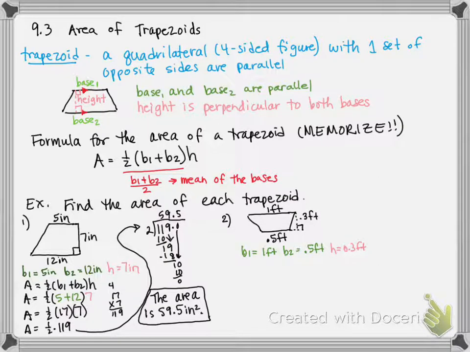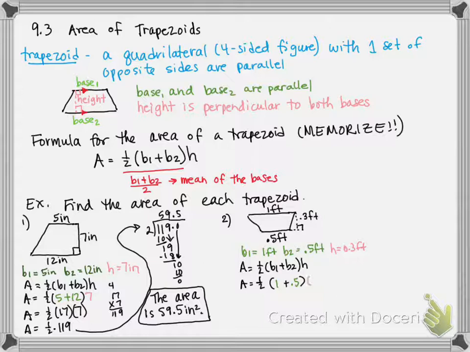Okay, so we're going to go ahead and write my formula. I keep writing it so I'll memorize it. That's how I've learned things, it's just by repetition. And I get 1/2 times the sum of 1 plus 0.5, and then I'm going to multiply that by 0.3.